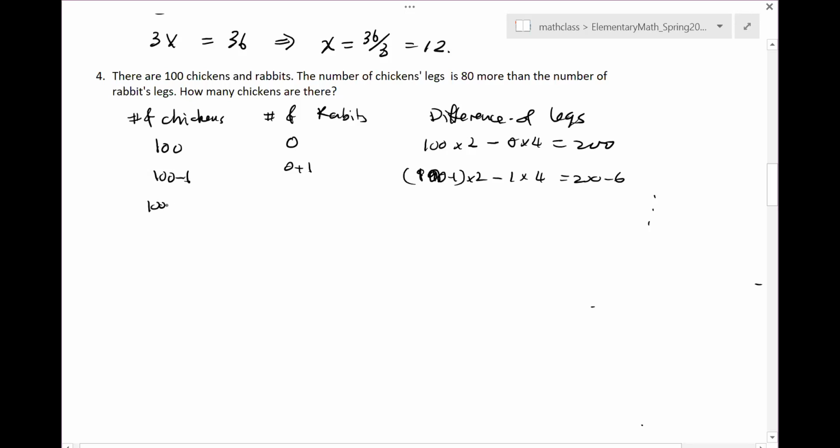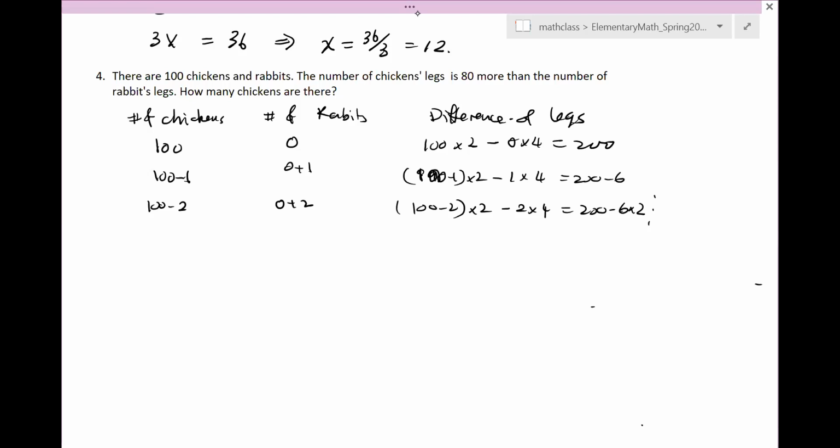Yeah, one more. You decrease the number of chicken again. One more, right? It's 100 minus 2 times 2. Here's 2 times 4. So actually, this will be 200 minus 6 times 2, because when you multiply this out, be careful when you do the computation.